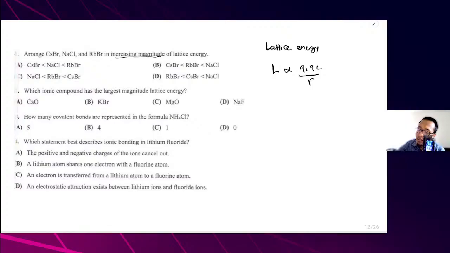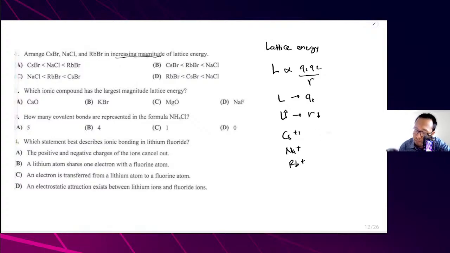As you can see, lattice energy is linear with the charge, and reversed with R. So as the charge increases, the radius decreases. Now as you can see, all of them have plus one.